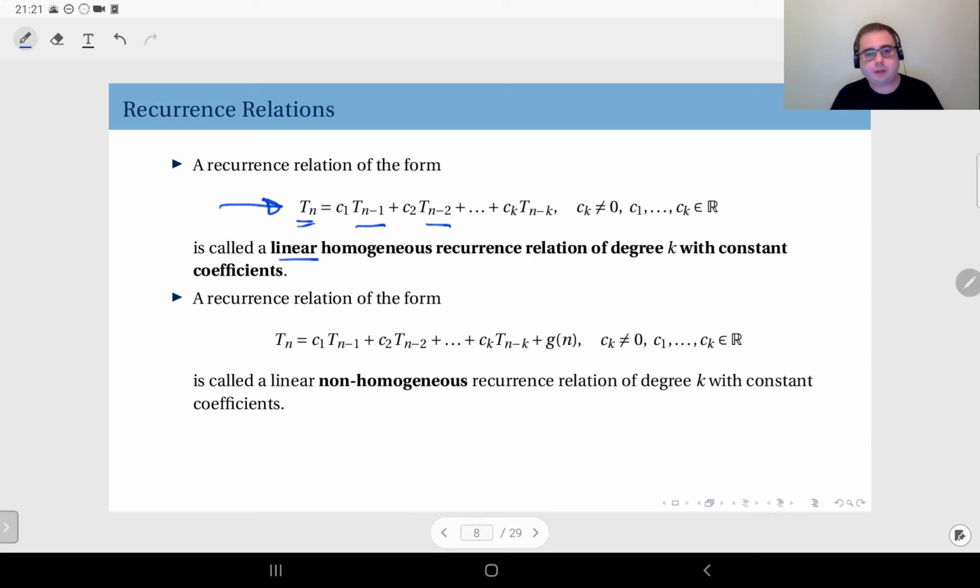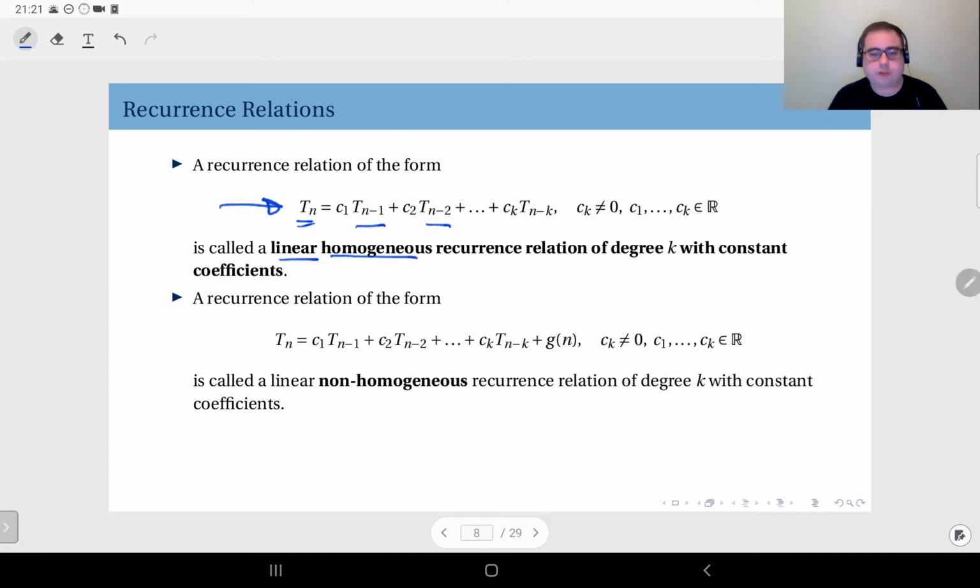So when I say a linear recurrence relation, you should understand every term of Tn, or earlier terms like Tn minus 1, Tn minus 2, etc., appears just as is, not inside a function.